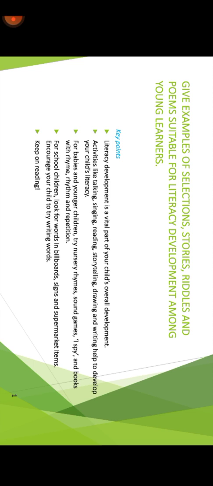For the babies or the younger children, we can try nursery rhymes, of course, by listening through YouTube, an example or music of nursery rhymes, and sound games. Through this, our babies, our younger learners, our toddlers, can speak easily.